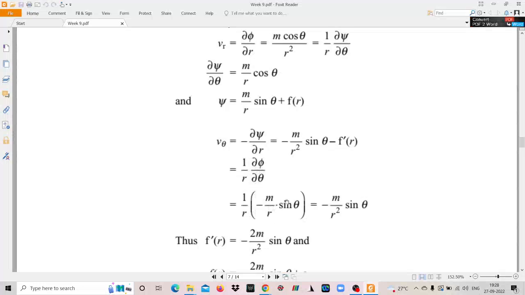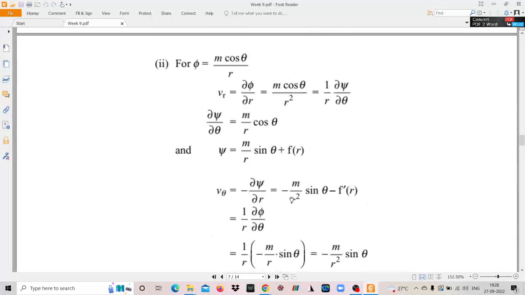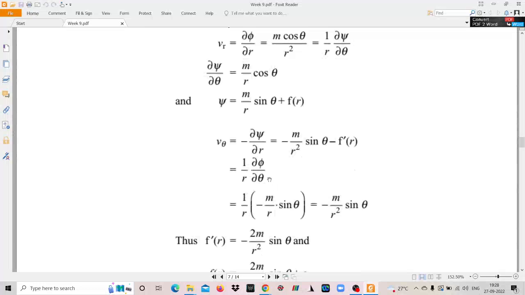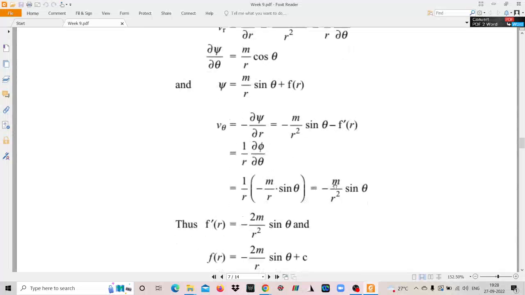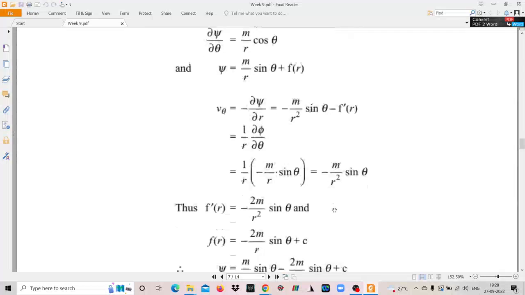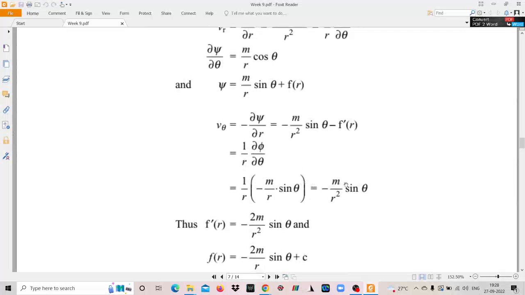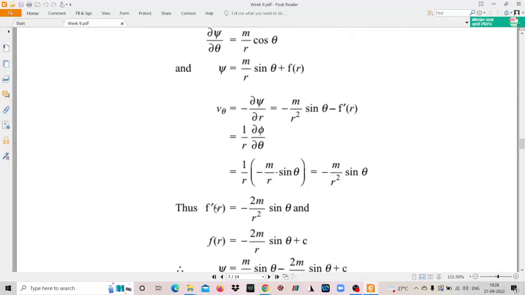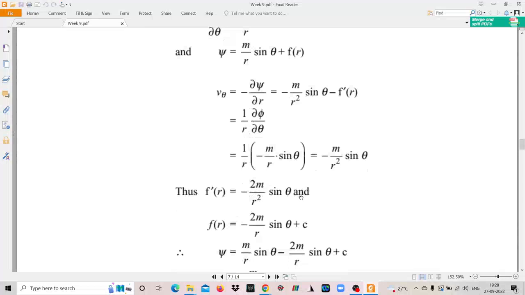The value of phi is known to us, so del phi by del theta you can very easily compute, and the value of V theta is minus of m by r square sin theta. Now using this particular expression of V theta in this equation, you will get the value of f dash r, which is minus of 2m r square sin theta.